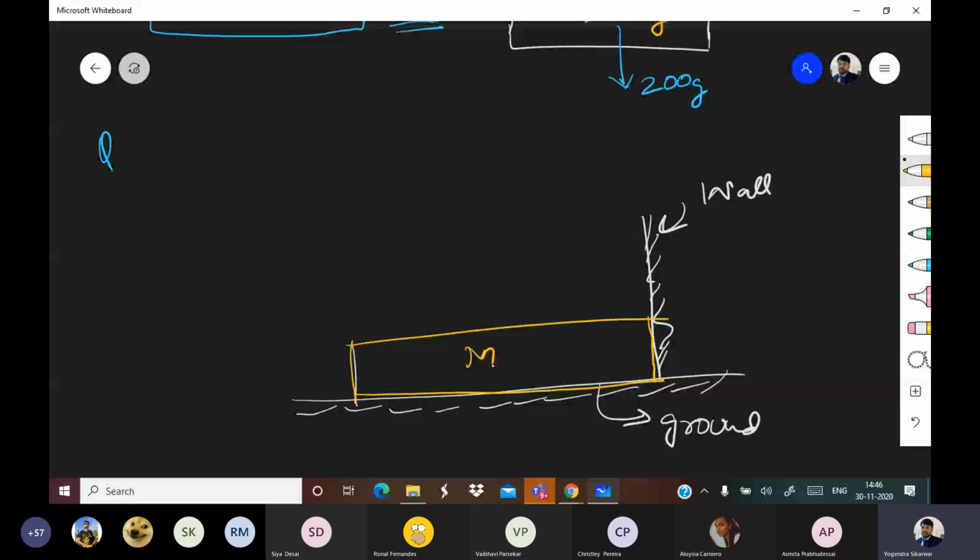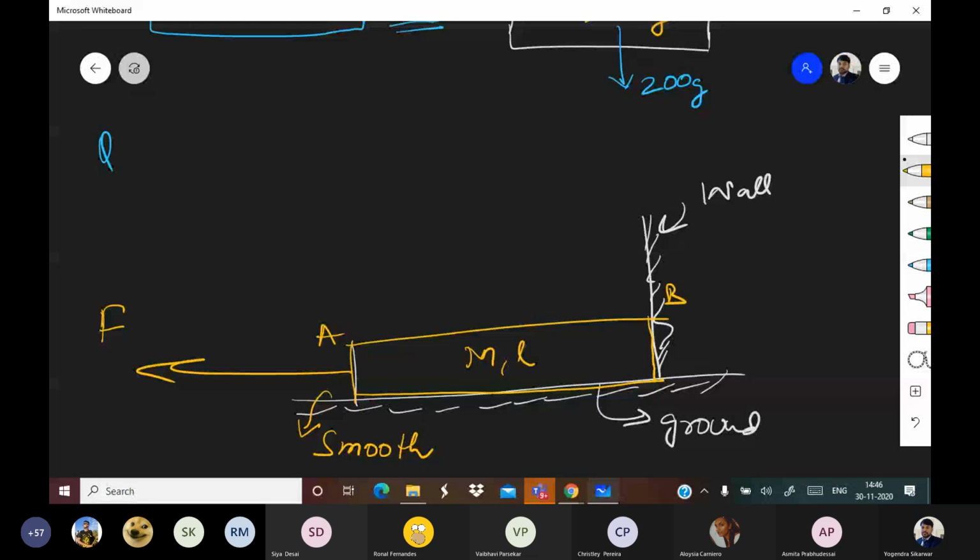Capital M is mass, L is length, and F is force acting on it. And this is stuck on the wall. Ground is smooth. So the question is, this is A, this is B.